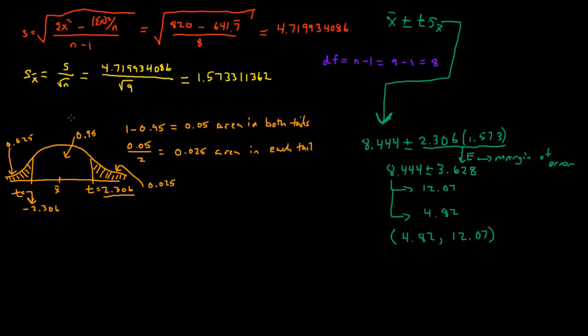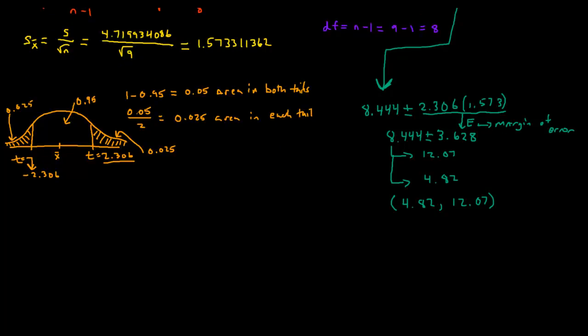Since this is new stuff, let's say that n equals 100, and all else is the same. So x-bar equals 8.44, and s equals, what did we say it was?